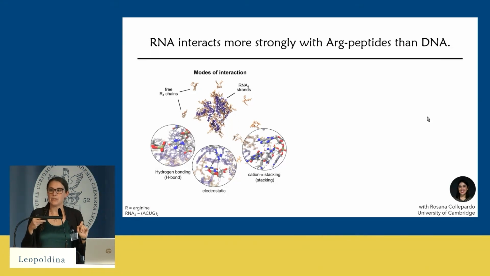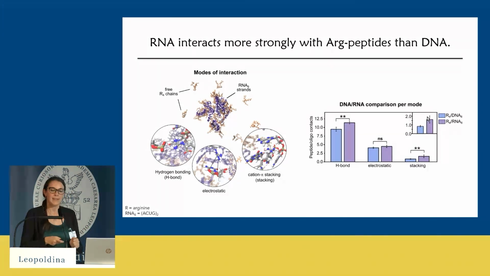And the interactions between the peptides and the DNA or the RNA are of 3 types. You have electrostatic interactions, which you would have expected to be the main ones. You have hydrogen bonding, and you also have cation-pi stacking interactions. What's interesting is that when you look at how those interactions differ between the DNA and the RNA system, you find that the electrostatic interactions are basically the same.